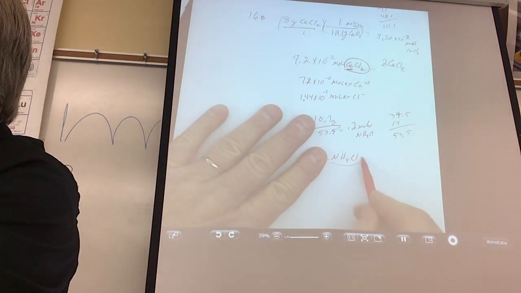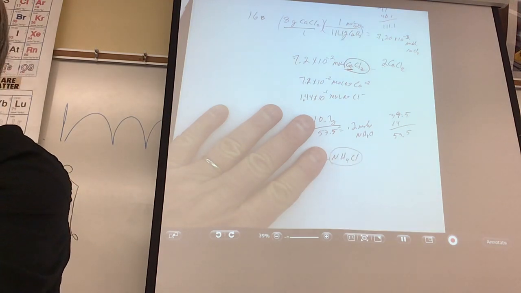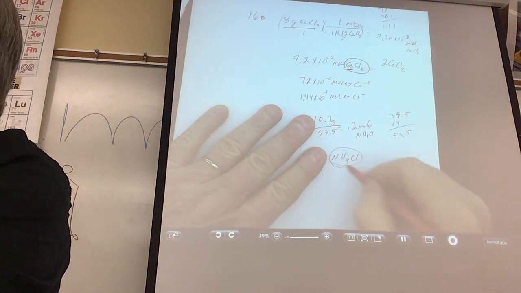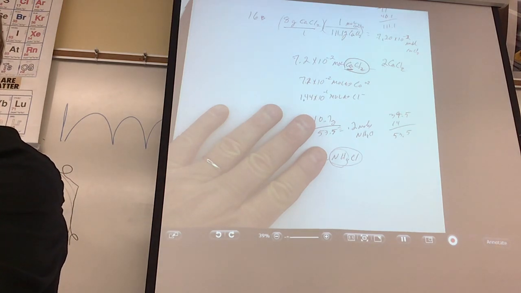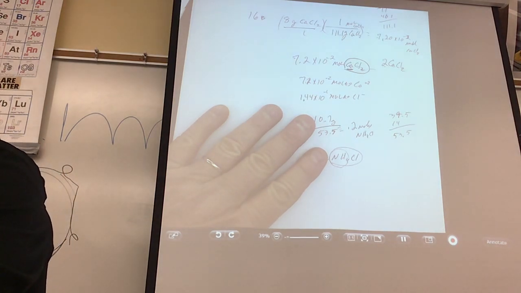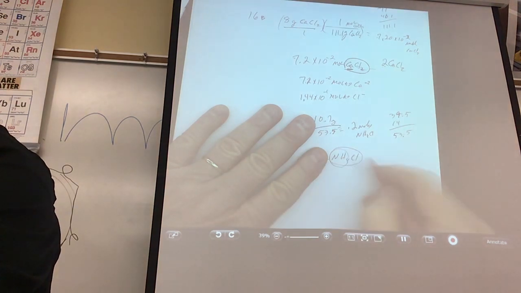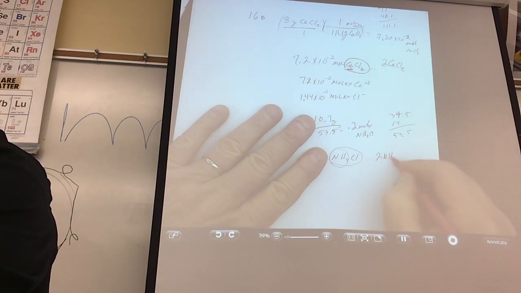For every 1 mole of that, how many moles of ammonium do you have? 1. And how many moles of chloride do you have? 1. What if I give you 2 moles of this? How many moles of ammonium did I give you? 2.